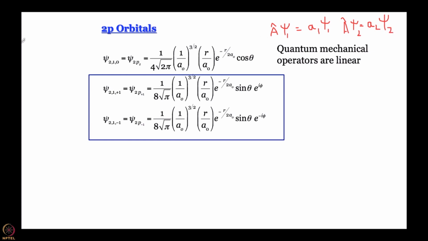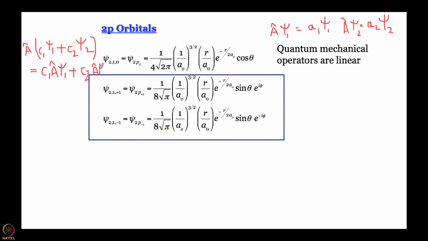So, what I mean is that suppose A hat operates on C1 psi 1 plus C2 psi 2, then I get C1 A hat psi 1 plus C2 A hat psi 2.